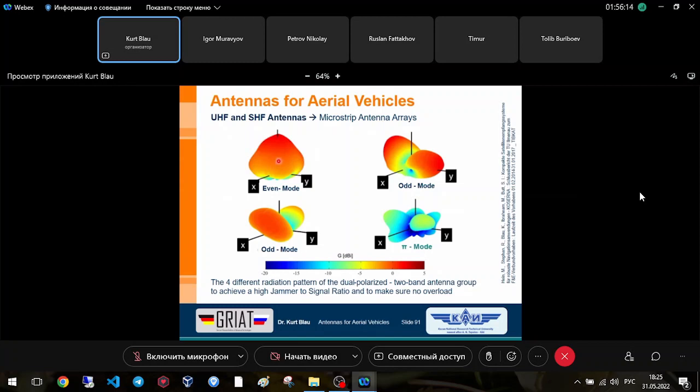Then if we excite the antenna over feed 2, we have this radiation diagram. Then we excite the antenna array with feed 3, then we have this radiation diagram.